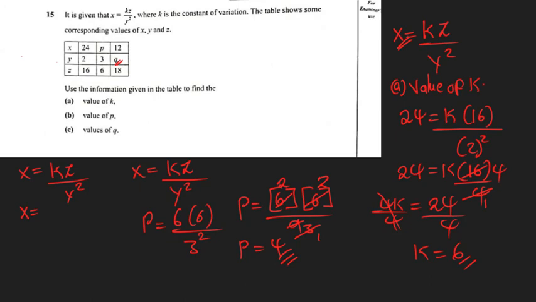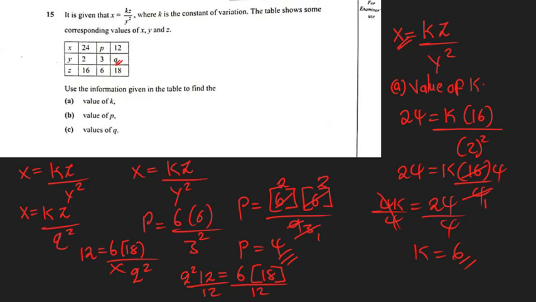This is going to be kz over q to the power 2. x is 12, k is 6 because it's a constant and doesn't change, z is 18. Cross multiplying, 12q to the power 2 is equal to 6 times 18. So q to the power 2 is equal to 6 into 12 is 2, 2 into 18 is 9, so 9.